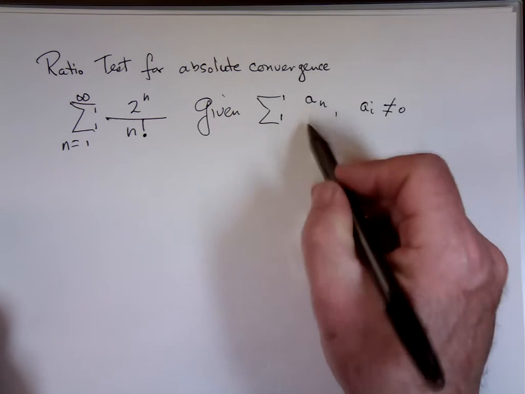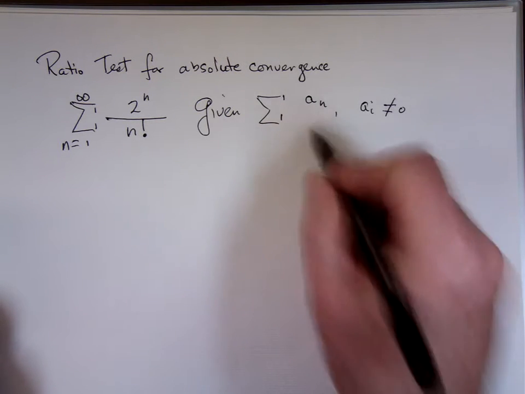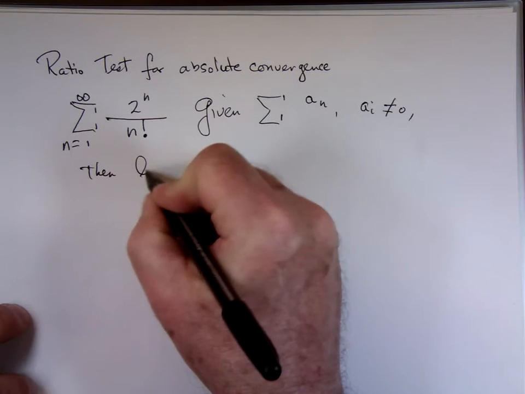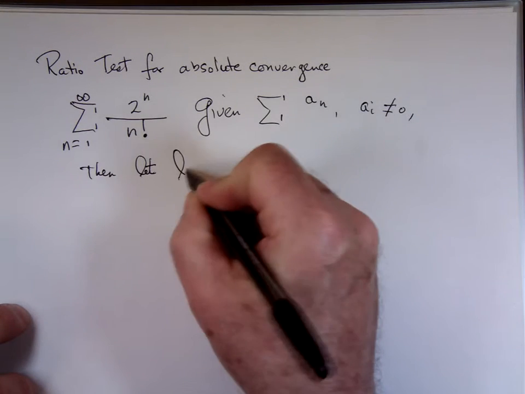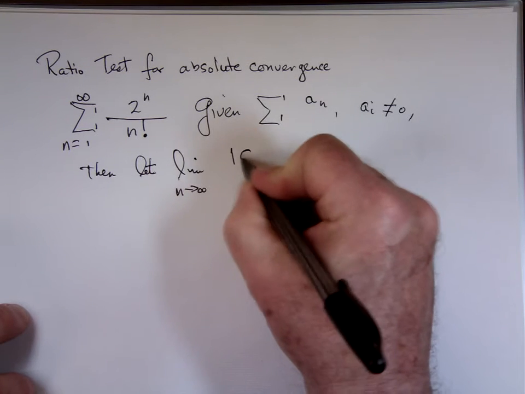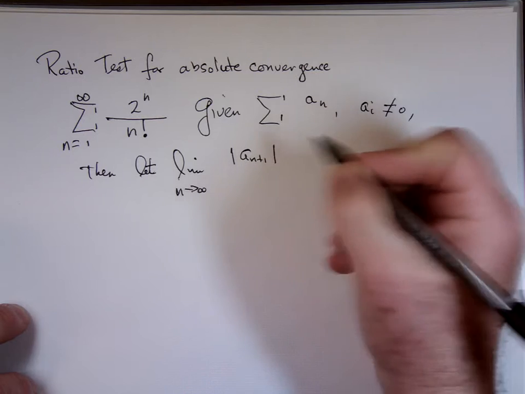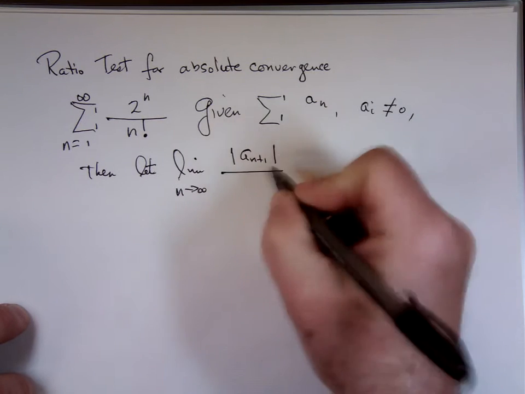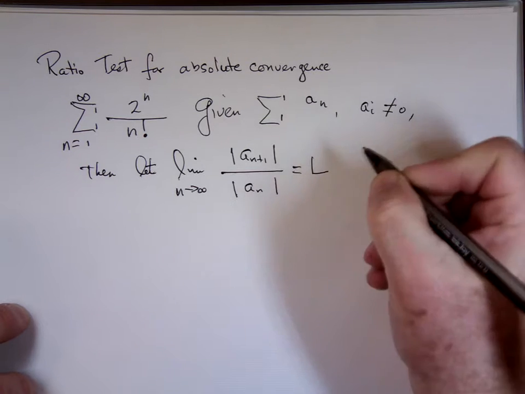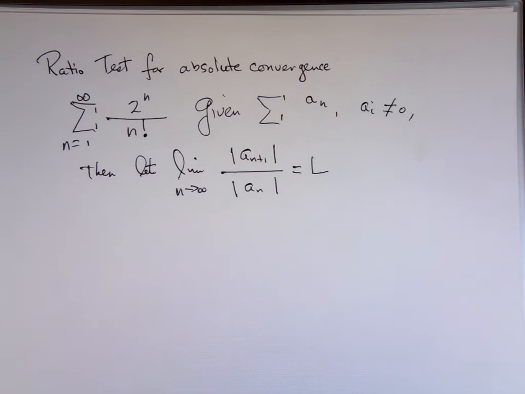Then let the limit as n goes to infinity of the absolute value of A sub n plus 1, the n plus first term, over the absolute value of the nth term be equal to L. So you're going to take the n plus first term divided by the nth term, take the limit as n goes to infinity, and call that limit L.